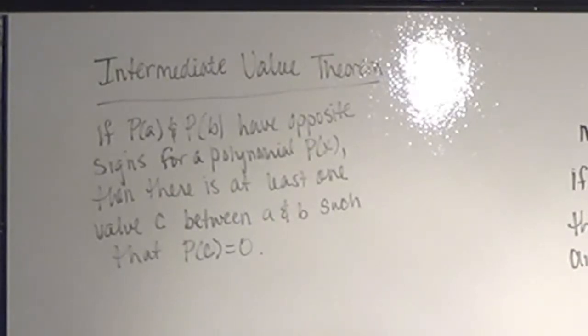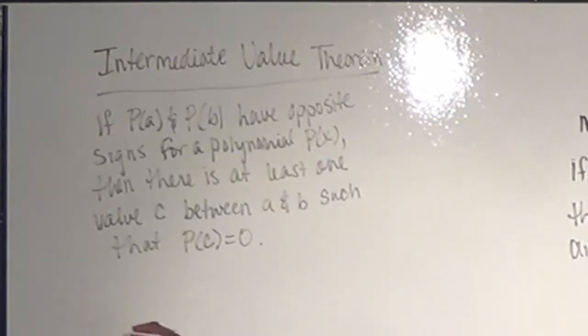If these function values have opposite signs, so one is positive and the other is negative, then the intermediate value theorem tells us that there has to be a value c, an x value c, such that p of c is equal to 0 as long as c is between a and b. Okay?